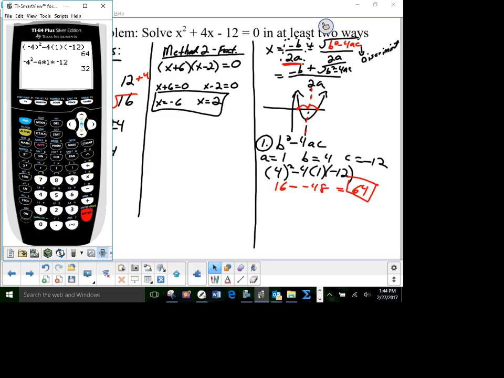It does that because your calculator looks at negative 4 squared without the parentheses as negative 1 times 4 times 4. It only applies the square to the 4, not to the negative. So it looks at negative 4 squared as negative 16. So, for safety's sake, put it in parentheses, you won't have a problem, okay?